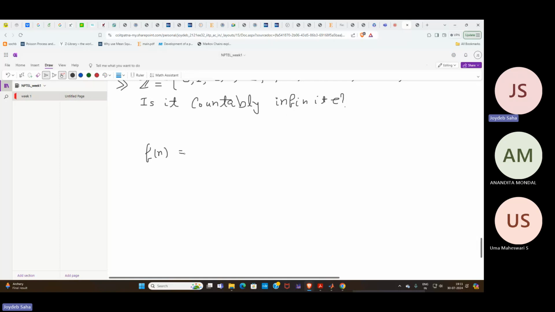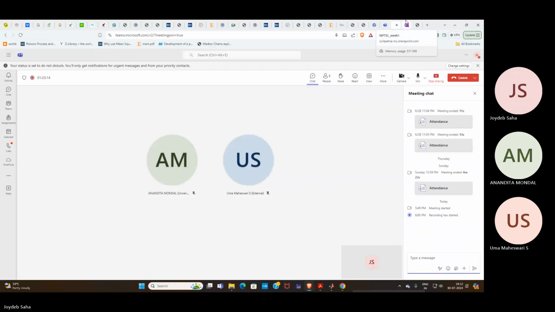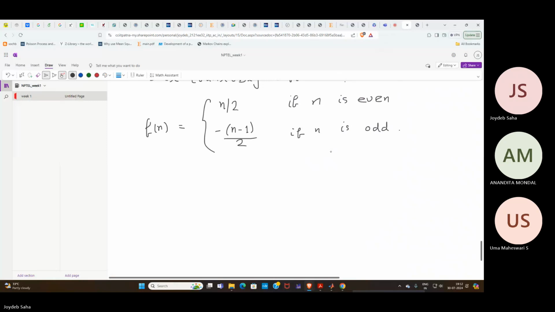F of n, we can write like this: if n is even, and if n is odd, we can write like this. Now, let us try to map.